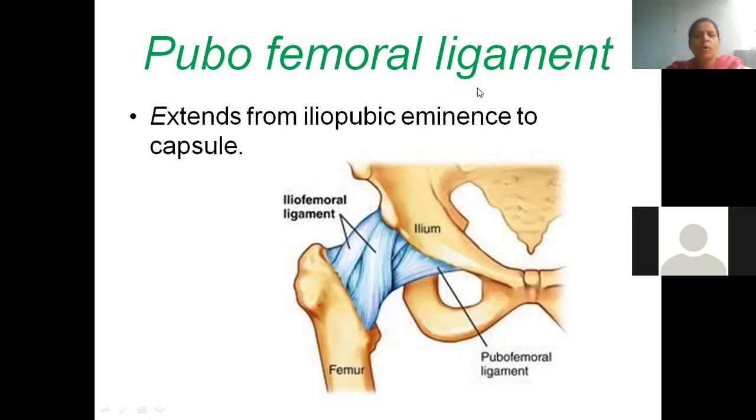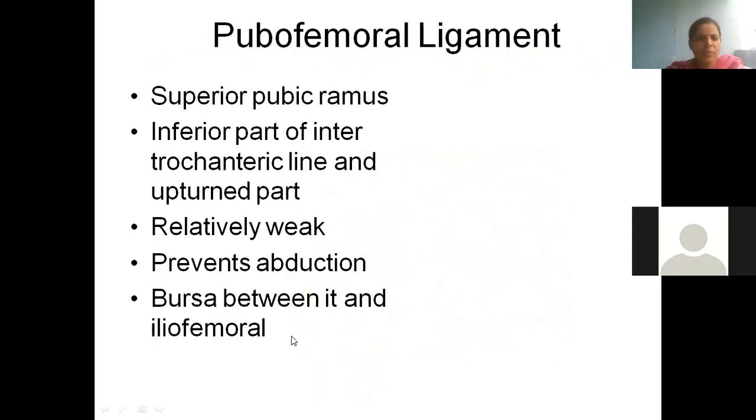Now see here, pubofemoral ligament is actually extending from the iliopubic eminence of the joint capsule, and it is merging with the fibers of iliofemoral ligament. Pubofemoral. Or in simple terms, you can also write like it is extending from the pubis, okay, to the femur. Okay, so superior ramus of the pubis, and it is moving towards the iliofemoral ligament.